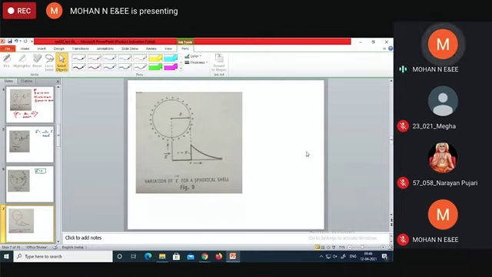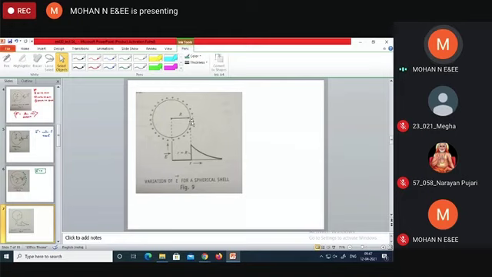I repeat, you'll not be having any field at a point which is less than the radius of the actual shell. So at the point where the radius of the shell is equal to the distance at the point where you are measuring the field, the field will be maximum.